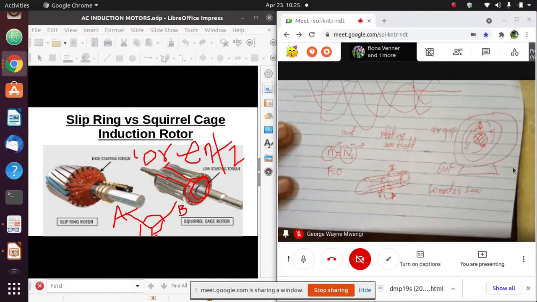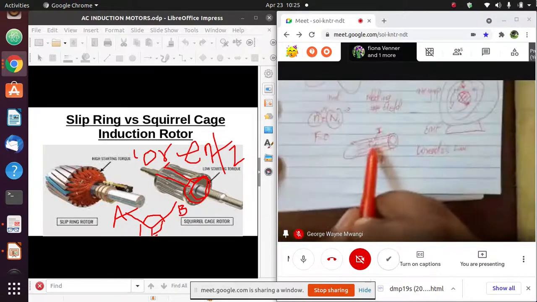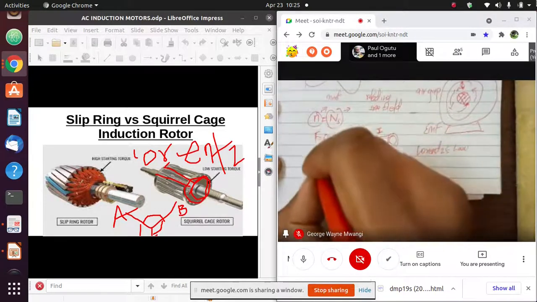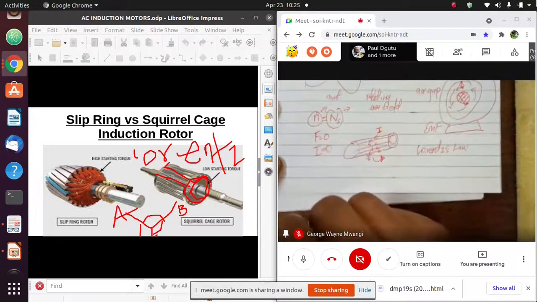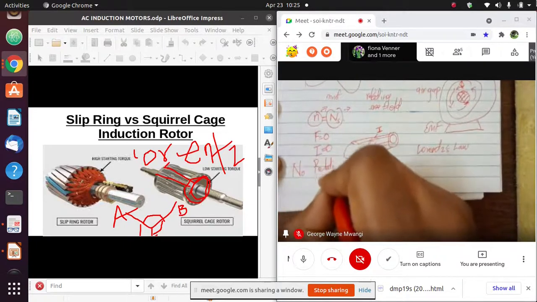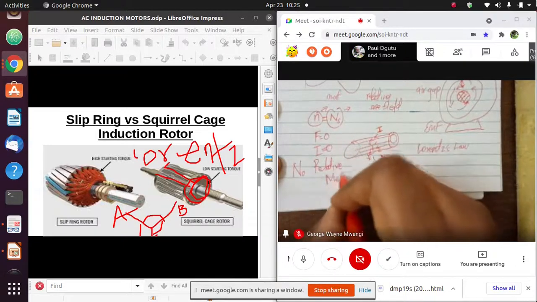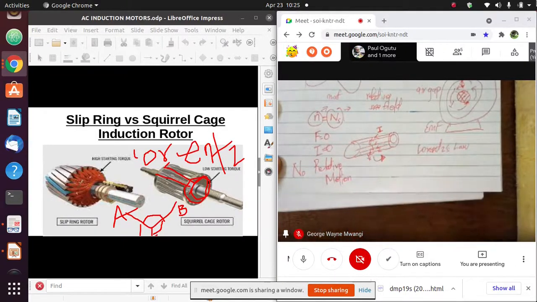Why? This is because the rotor current, the current in the conductors, has become zero as well, because there is no relative motion between the rotor and the rotating magnetic field, because they are all rotating at the same speed.